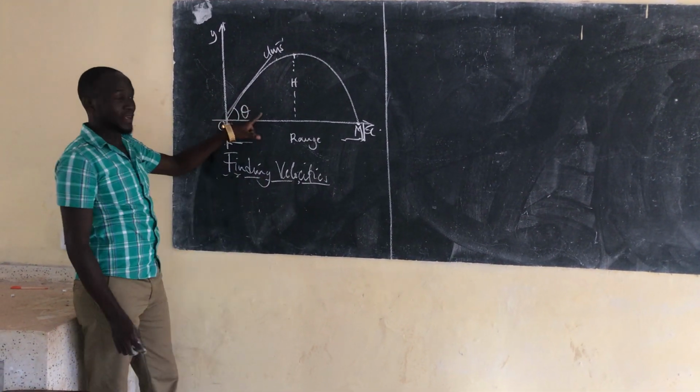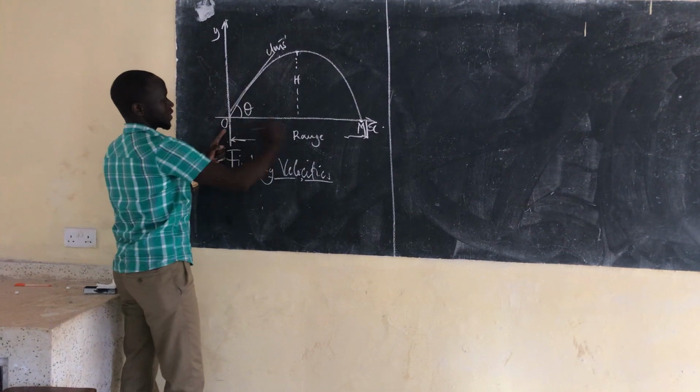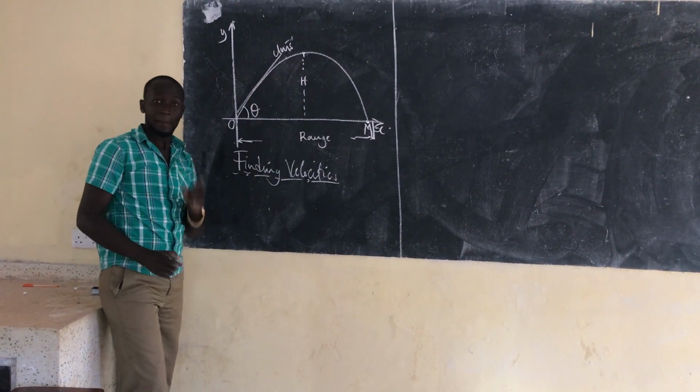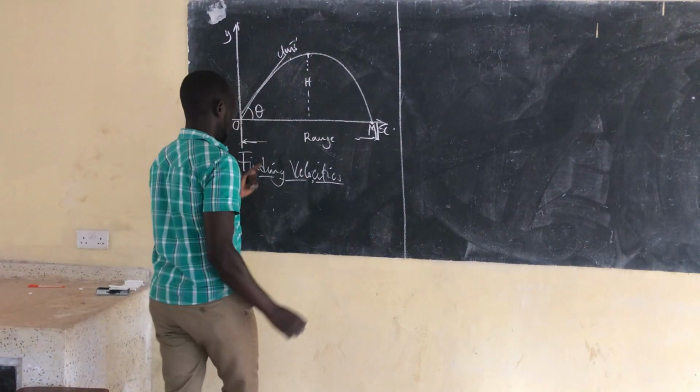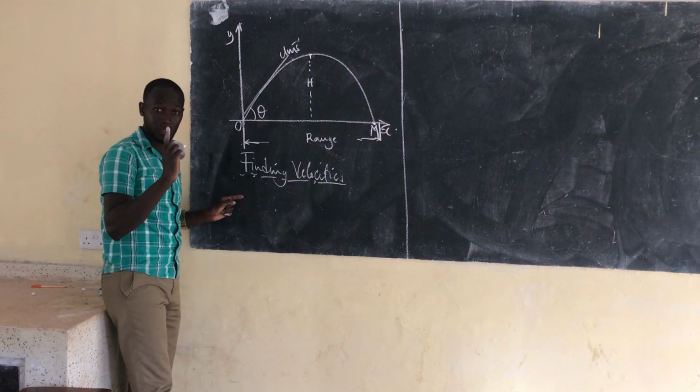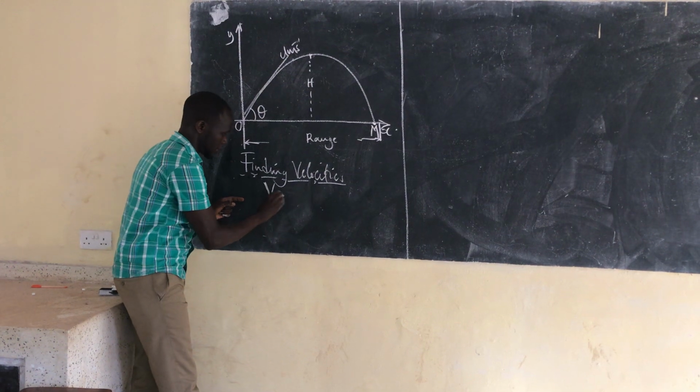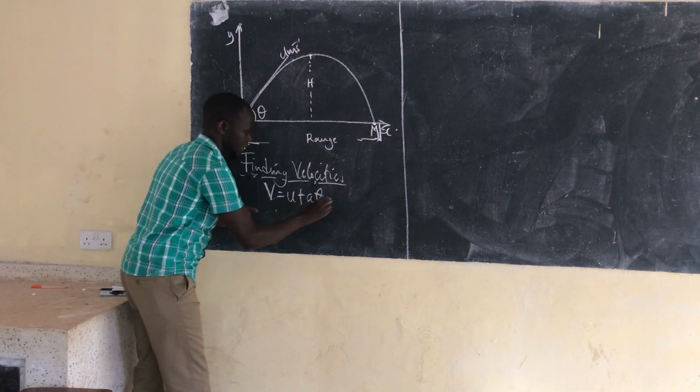Now, when you look at this, we have both vertical velocity and horizontal velocity. But when finding velocities at any particular time t, we normally use the first equation of motion, which is v equals u plus at.